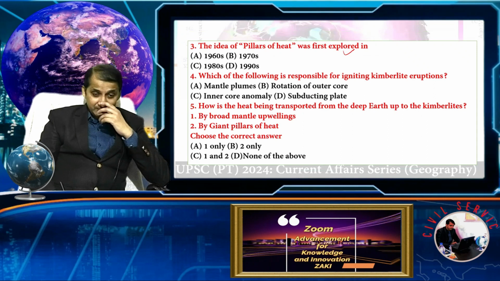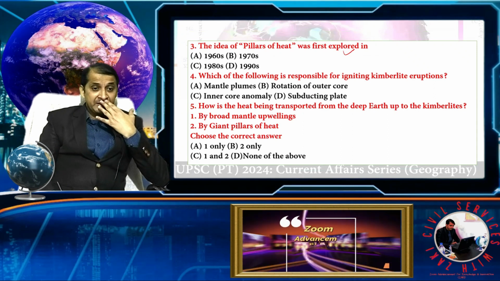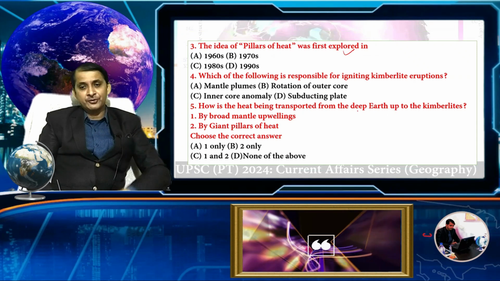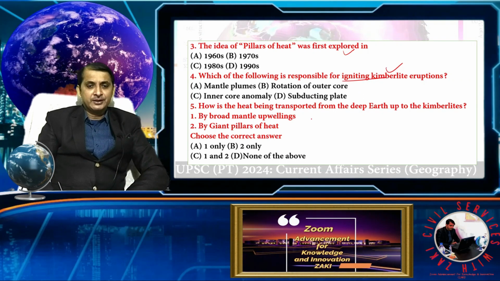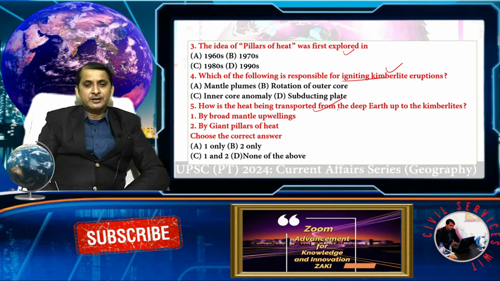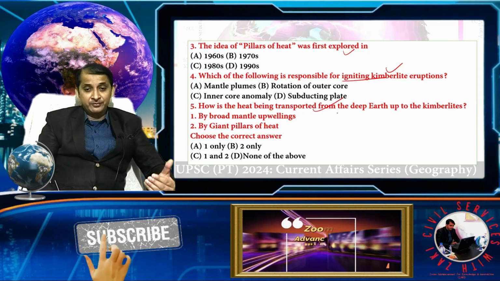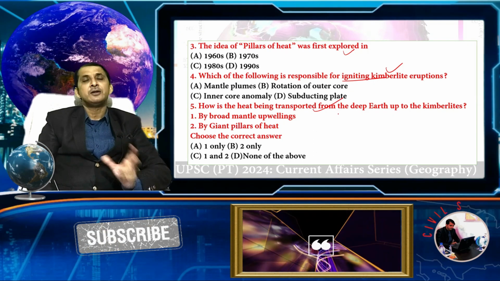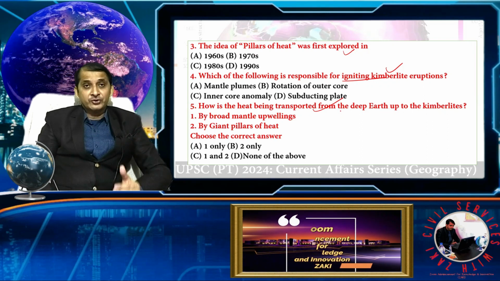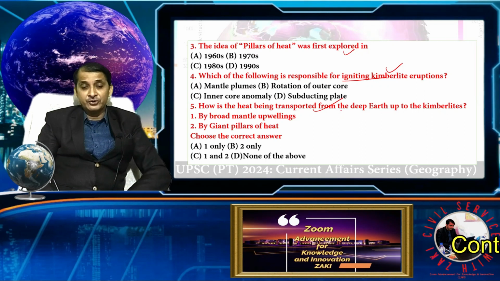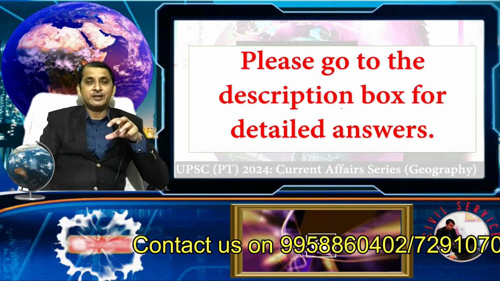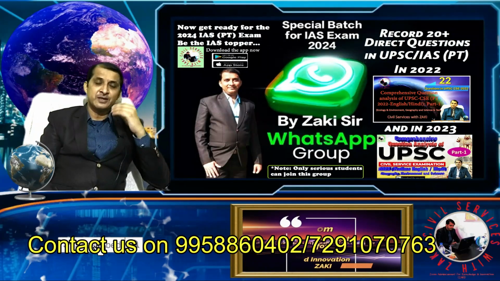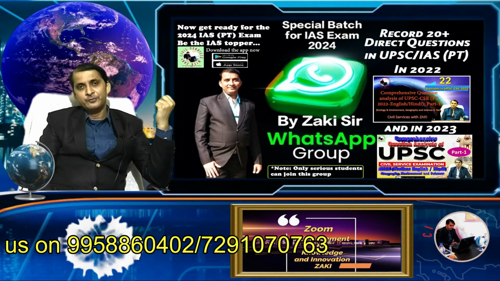Fourth is the ignition of the Kimberlite eruptions, and fifth is how heat is being transported from deep Earth. These five questions are among the most significant questions. You can find them in the description box, so go to the description box for the detailed answers, and also join my specific group.